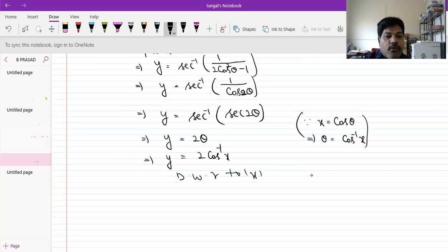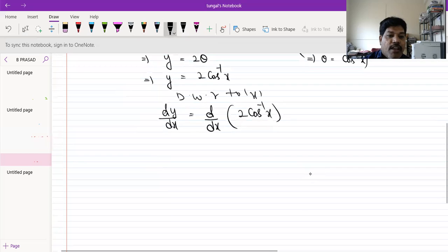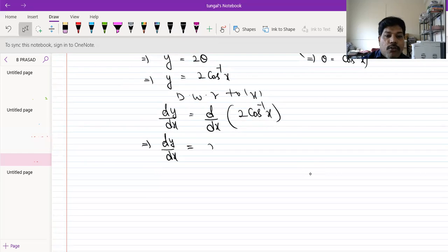What happens? dy by dx is equal to the derivative of 2 cos inverse x, that is 2 into the derivative of cos inverse x.